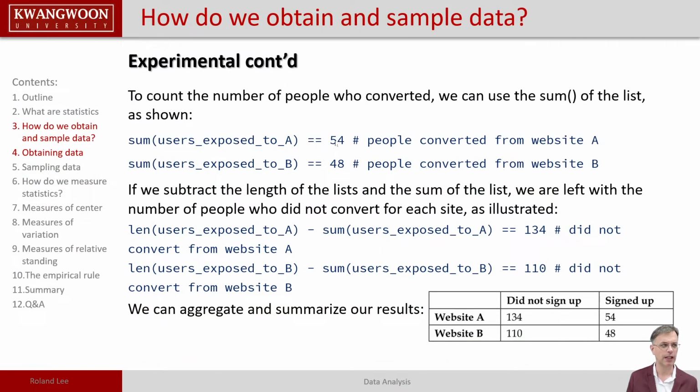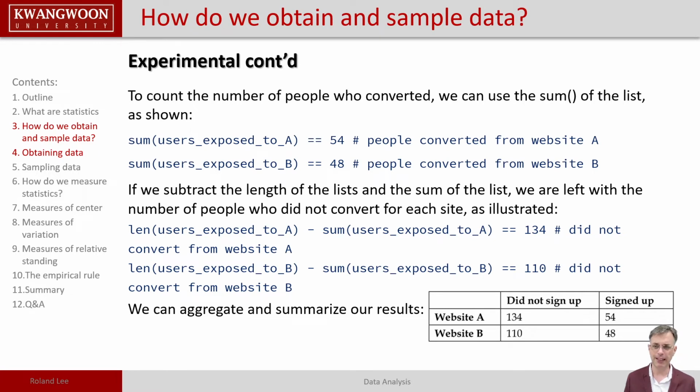So here we see that the entire sum is 54, and we have another sum for website B, which is 48. Yet again, as this is just a small example, it's not a complete program here.